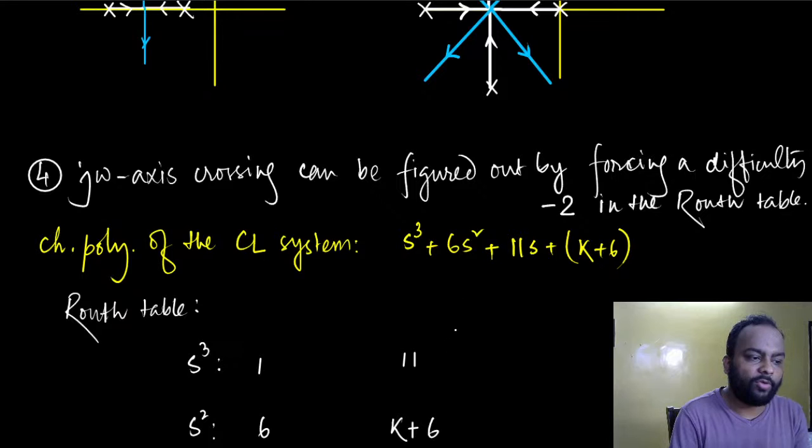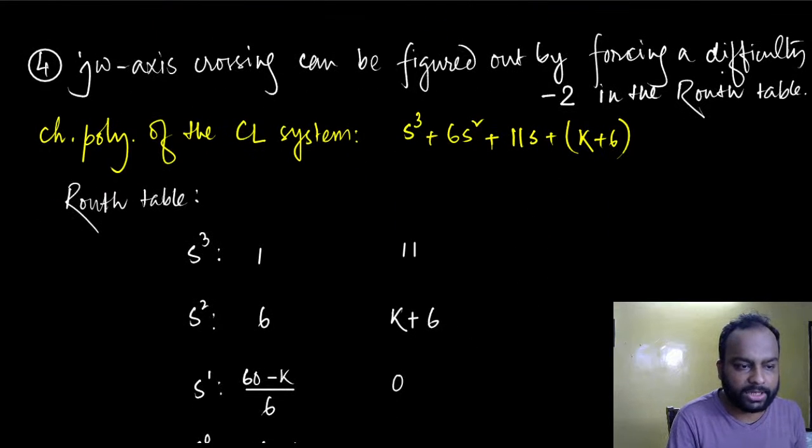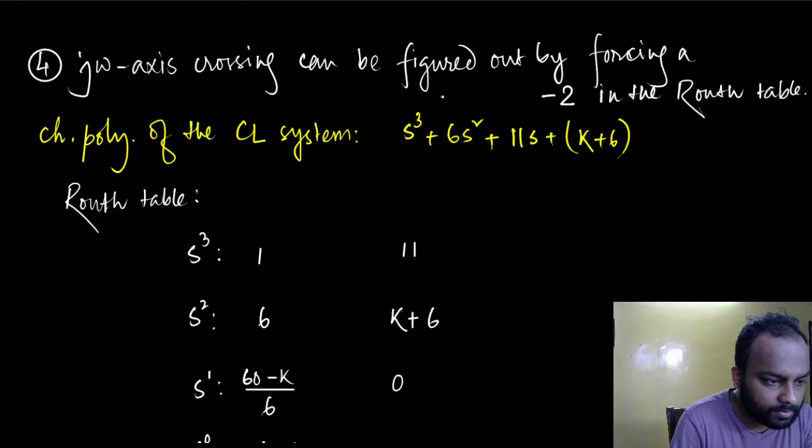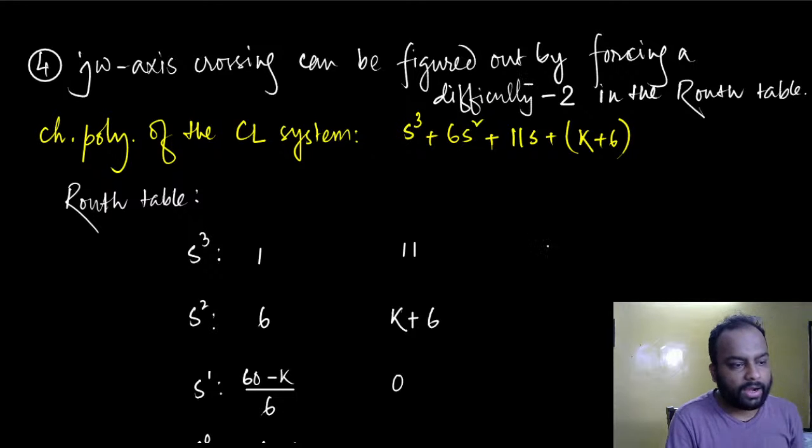So now we are trying to force a difficulty 2 situation in our Routh table.